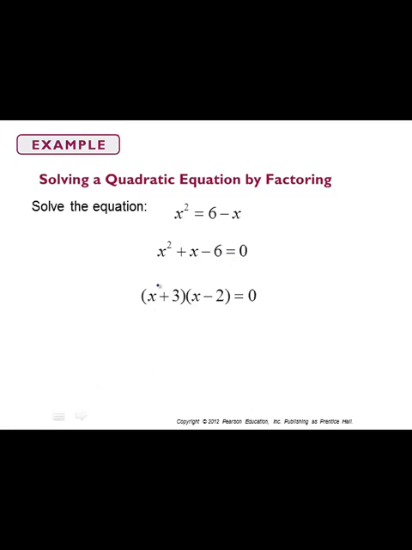And then we could factor x squared plus x minus 6 as x plus 3 times x minus 2, and set each one of these factors equal to 0. And if x plus 3 is equal to 0, that means x is equal to negative 3. And if x minus 2 is equal to 0, that means x equals 2. So you have your 2 solutions, negative 3 and positive 2. So there's your solution set.